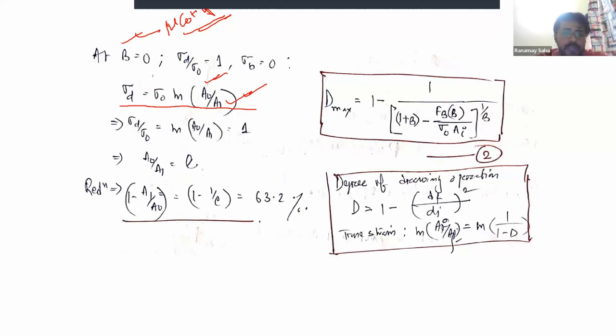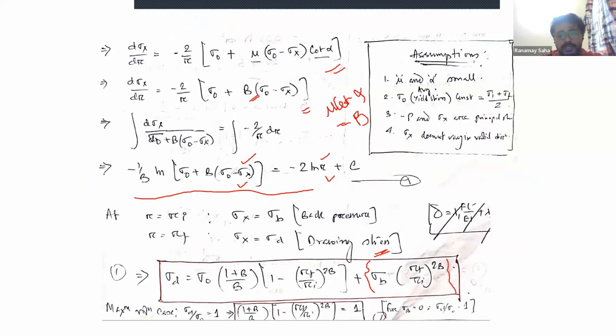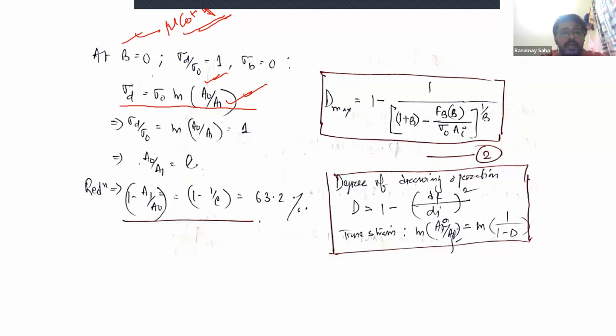Now you just take sigma naught to the left. The natural log of A naught by A1 is the ratio of sigma d by sigma naught, which is equal to 1 in case of the maximum reduction case, right? That we just discussed here. In that case, A naught by A1 is e to the power 1, which is equal to e. So the reduction is nothing but 0.63.